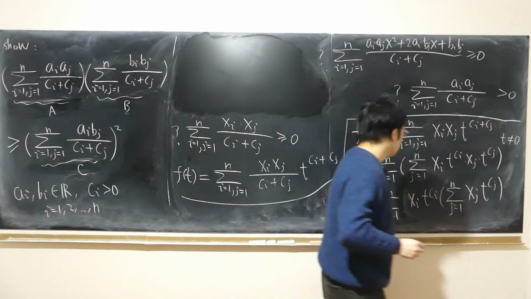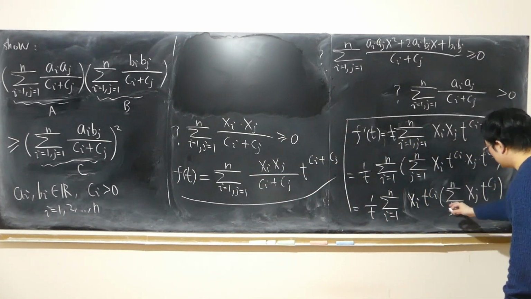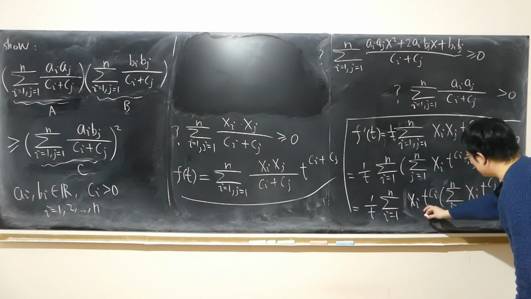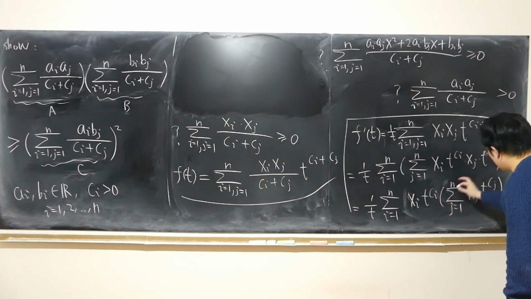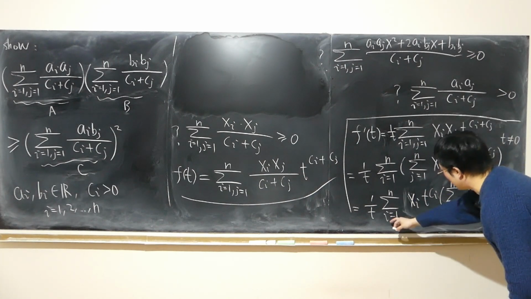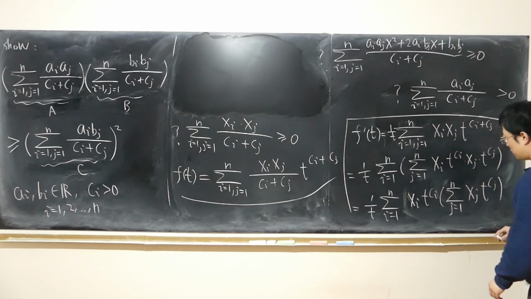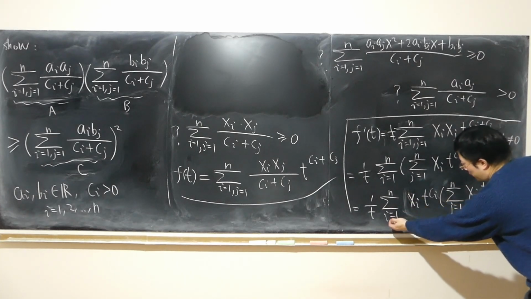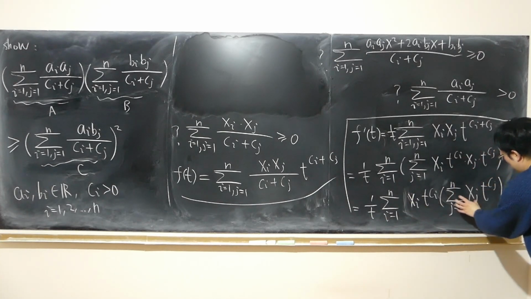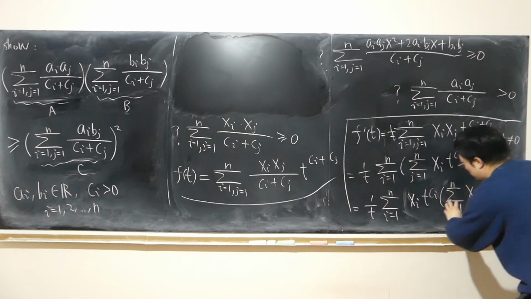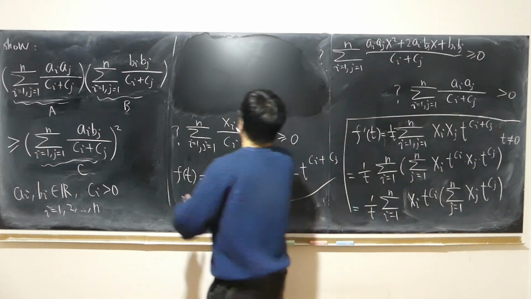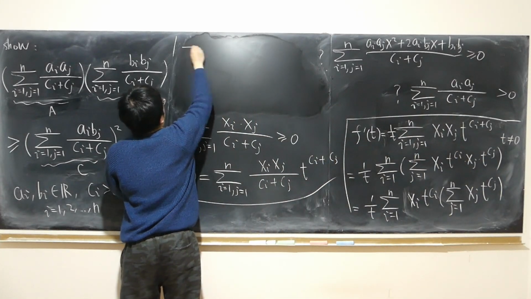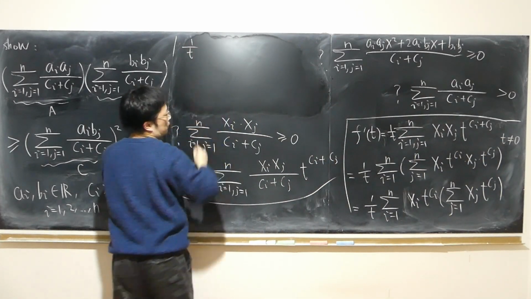So first, pull out the xi t to the ci. Sum this up. Then we sum i goes from 1 to n. Since this is sum with respect to i, this sum is already a constant. Take this constant out of this sum. So immediately I have 1 over t.